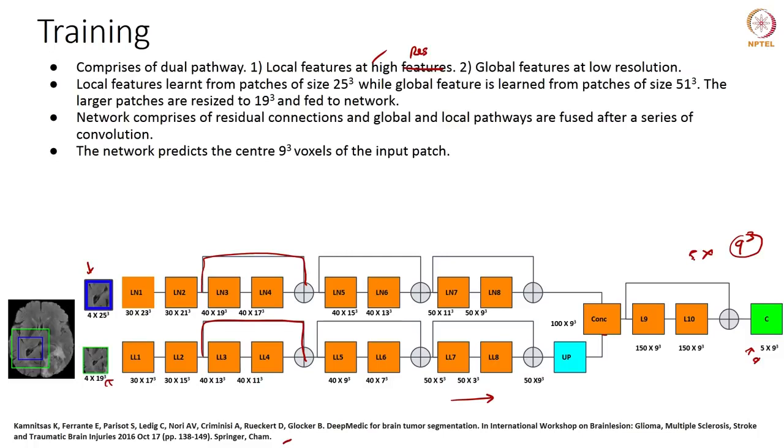One pathway looks at a higher resolution, but a smaller patch size. The other pathway looks at a lower resolution, the global features, but with a bigger patch size. So, you resize the 51 patch to 19 cubed and you do a sequence of convolutions, max poolings, as well as these skip residual connections to improve training.